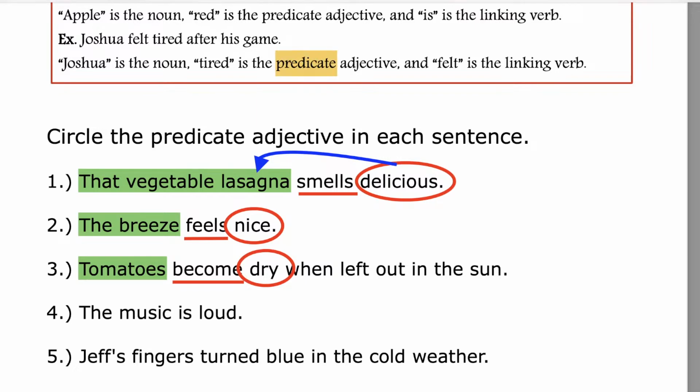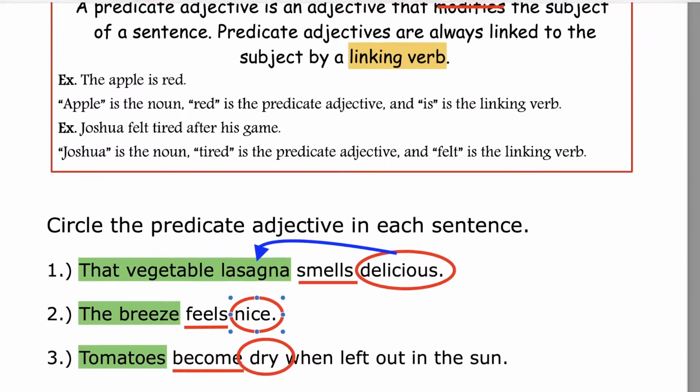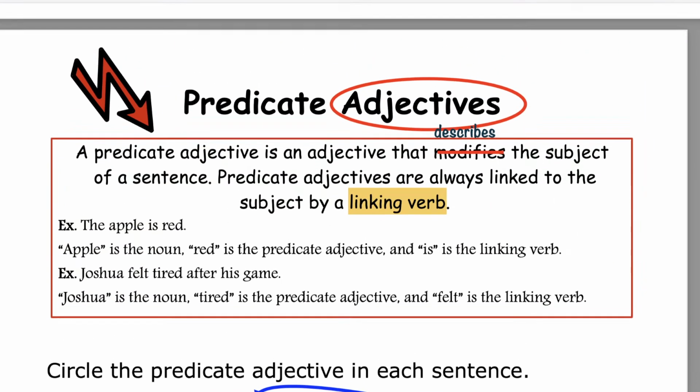So that's a great way to make sure you understand what's being linked and what it's linking to. Remember that this link really does have to link to a noun because it's a predicate adjective, and predicate adjectives describe the subject of a sentence.